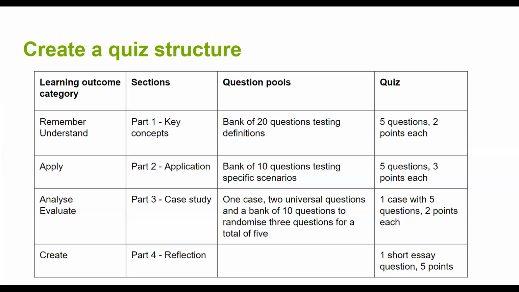So key concepts would cover understand and remember, the application section, as well as the case study section, would cover the higher order learning, so apply, analyze, and evaluate. This quiz structure also includes a reflection section where students can provide a written response and where you could assess the learning outcomes in the create category.